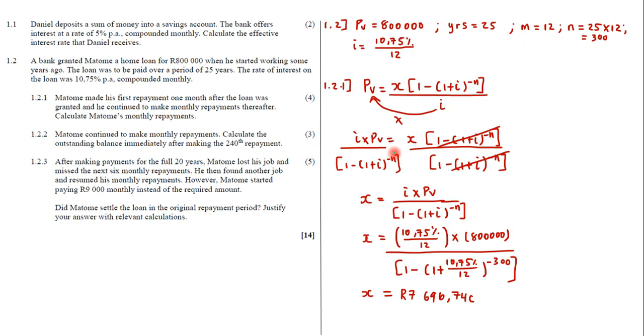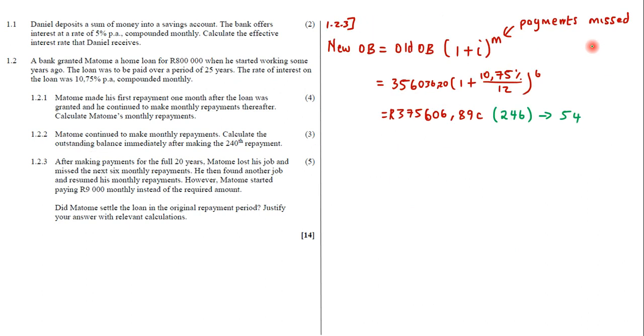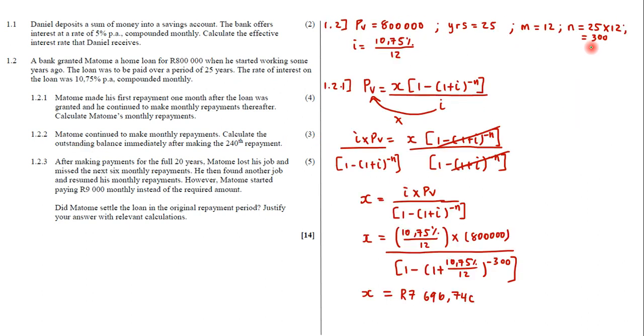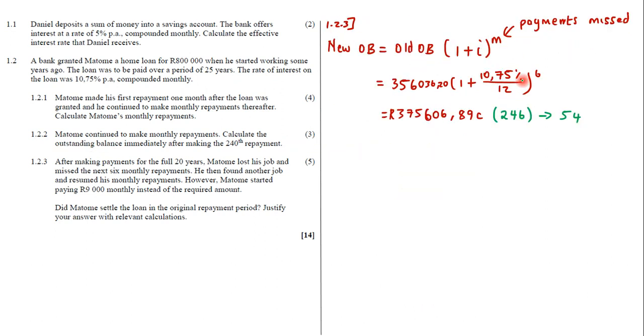If you're asking, remember earlier, we had 300 repayments that we're expecting to make, right? The number of times that we're supposed to make the repayments was 300, but so far we made 240, and then after that we missed 6 payments, so now it means it's 246. Now to finish all that 25 years, it means we have 54 repayments left.